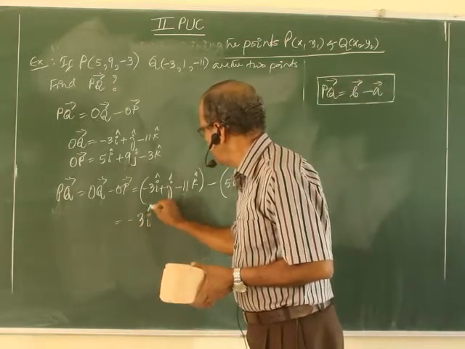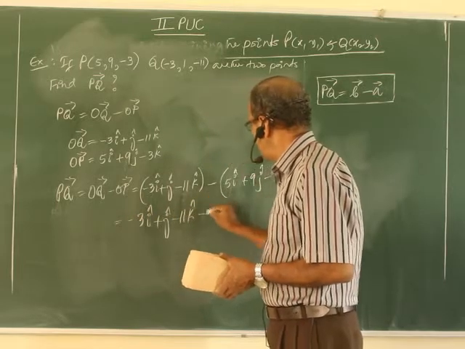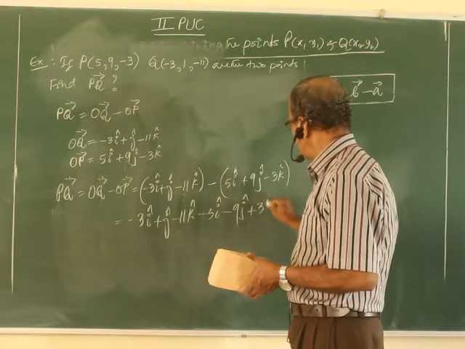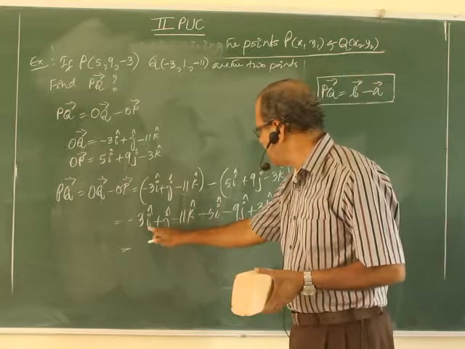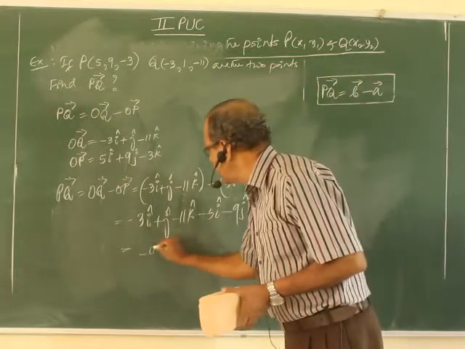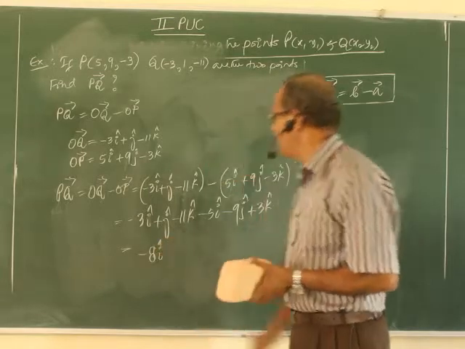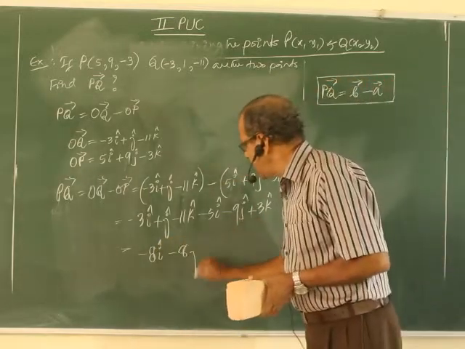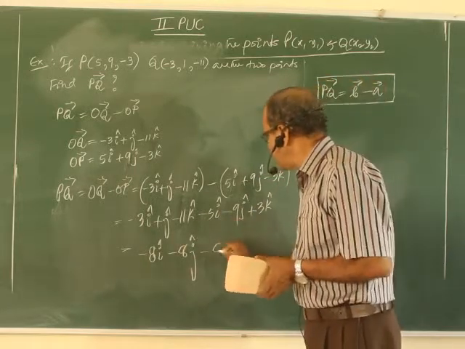Minus 3i plus j minus 11k minus 5i minus 9j plus 3k. Collect the terms containing i: minus 3i minus 5i is minus 8i. Plus j minus 9j is minus 8j. Minus 11k plus 3k is minus 8k.